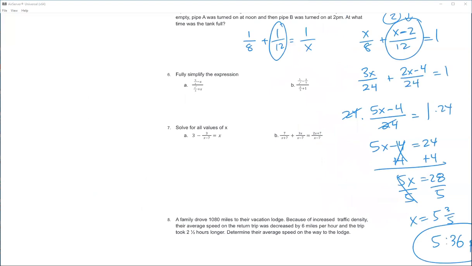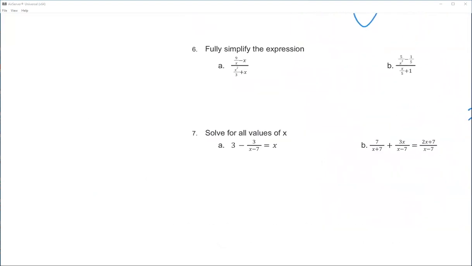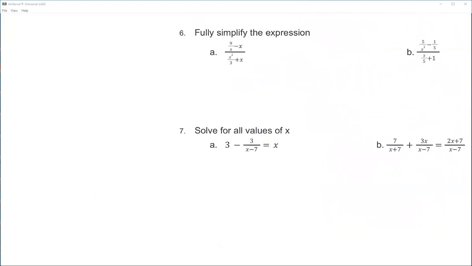All right. Fully simplify the expression here, number 6a. It'll be 9 over x minus, I'm going to get the common denominator to be x squared over x. That's equal to 9 minus x squared all over x. Any questions on that?